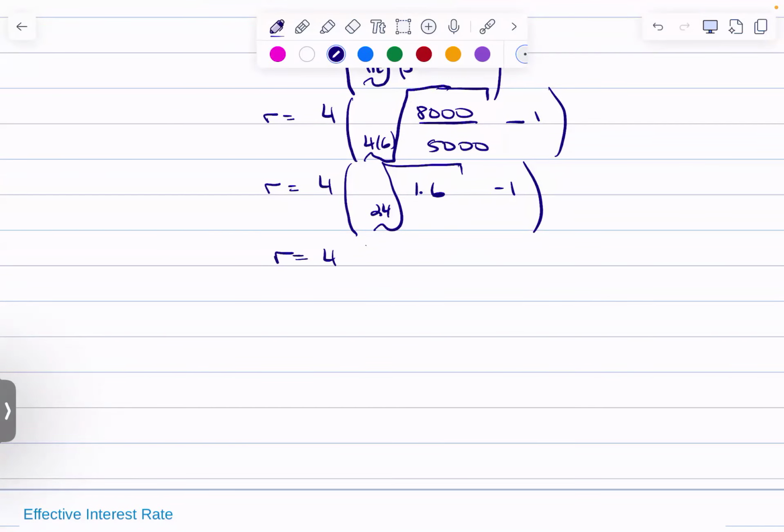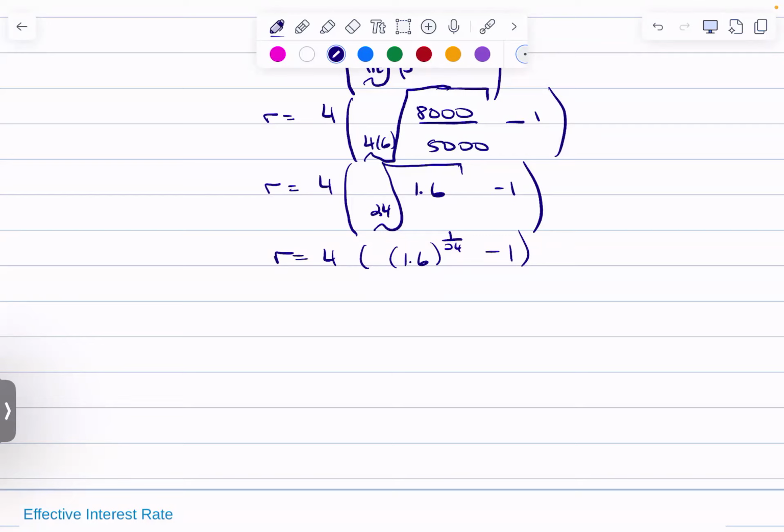This is 4 times 1.6 to the power of 1 over 24, then minus 1. I wrote 25. Gave myself just one extra compounding. Bad, Emily.